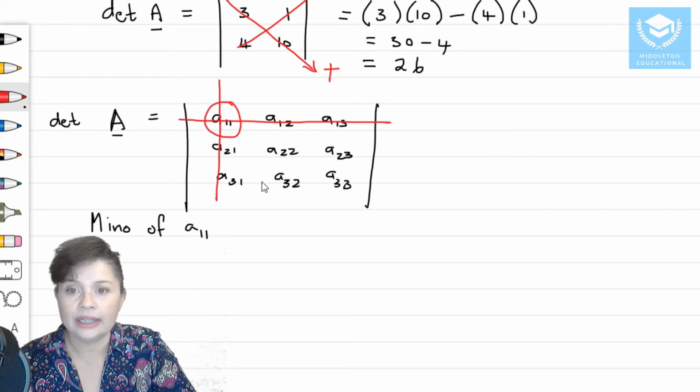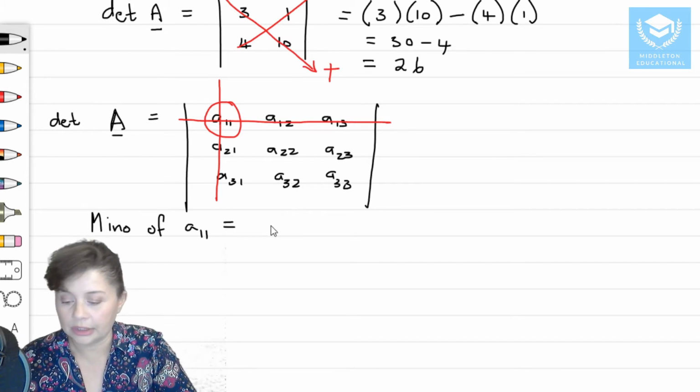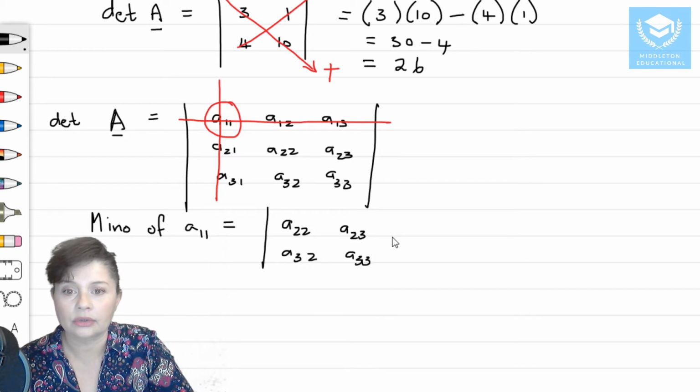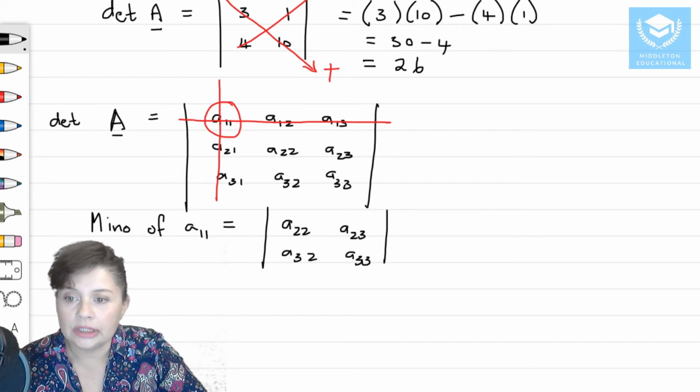Then whatever we're left with, that is your minor. Going to be A22, A23, A32, and A33. Right.